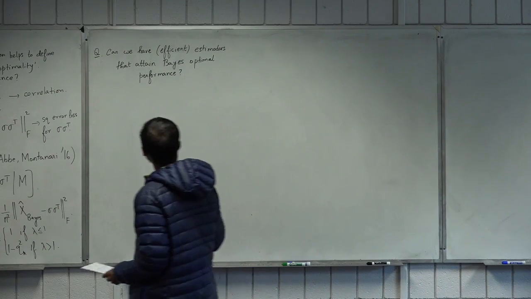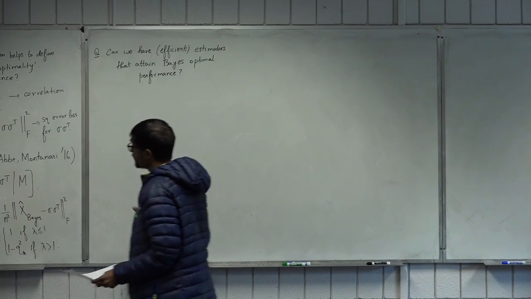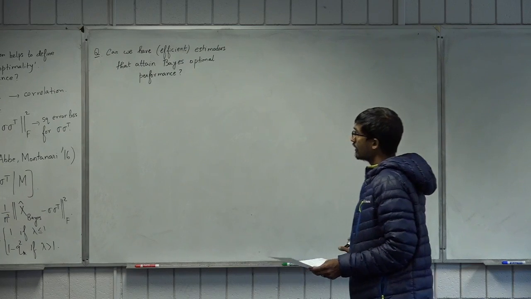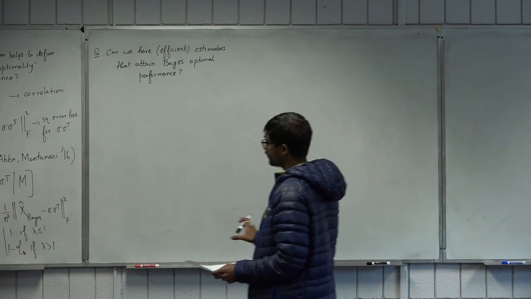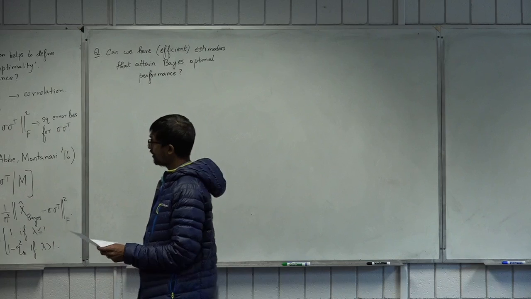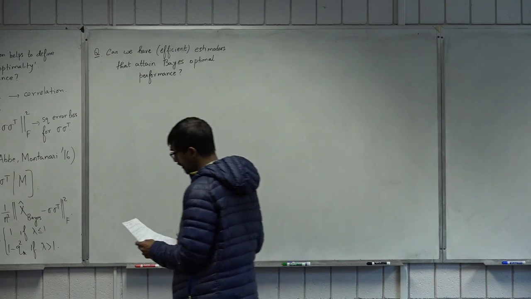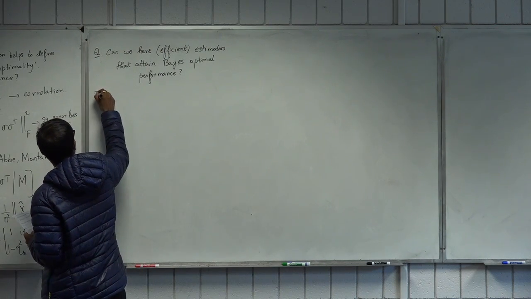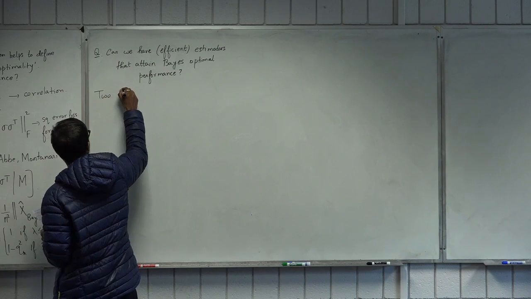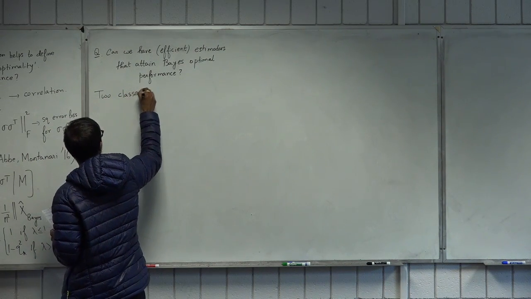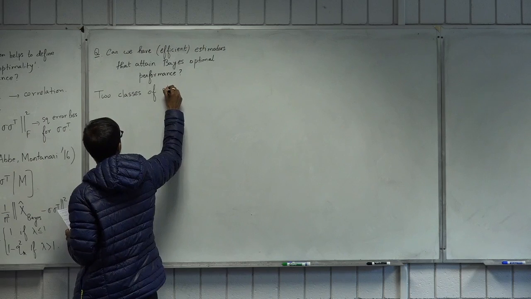And I'll mainly talk about two different classes of estimators which have been very recently established to be provably Bayes optimal, at least for this example. So two classes of strategies.